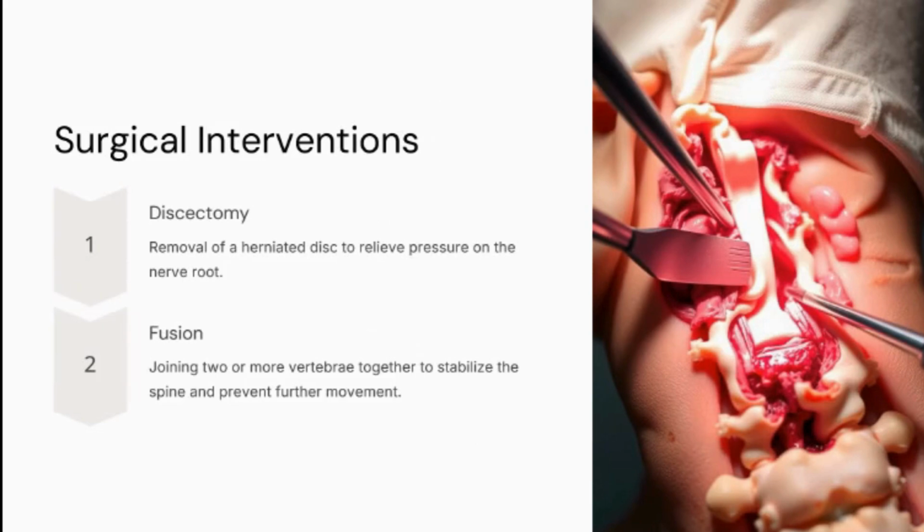Moving further, very important, surgical intervention, which is usually rare. If conservative measures fail or symptoms worsen, then surgery is indicated. Anterior cervical discectomy and fusion, also called ACDF, is removing the herniated disc and fusing adjacent vertebrae.